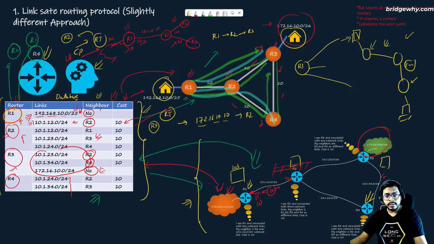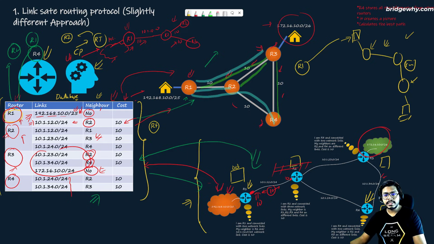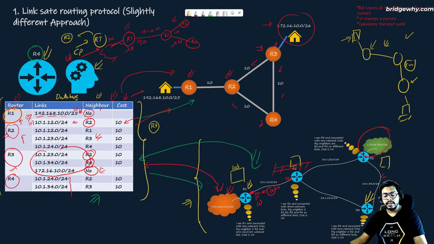And that is why the possibility of a loop is less here, right? The reason is, suppose R1 wants to talk to R3, and it has the complete picture. Can you somehow do this? That, okay, if I want to reach R3, I would like to go to R2, then I would like to go to R4, and then again R2, again R4, again R2, again R4.